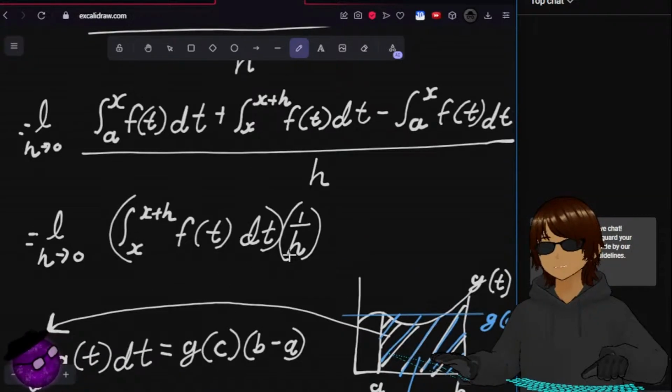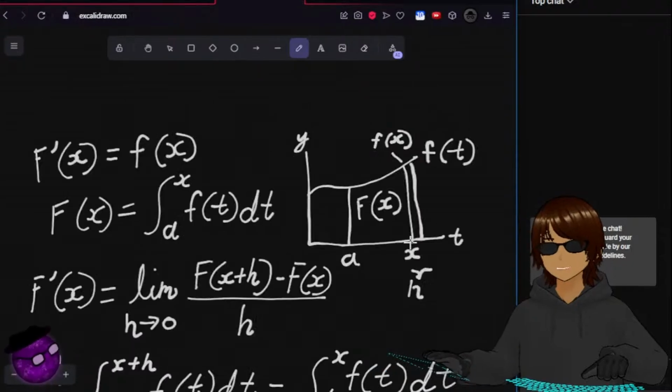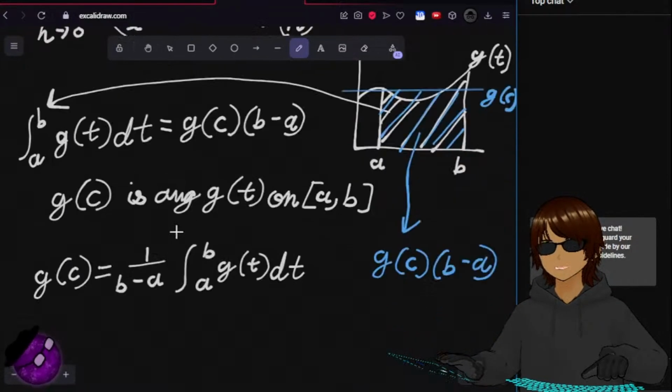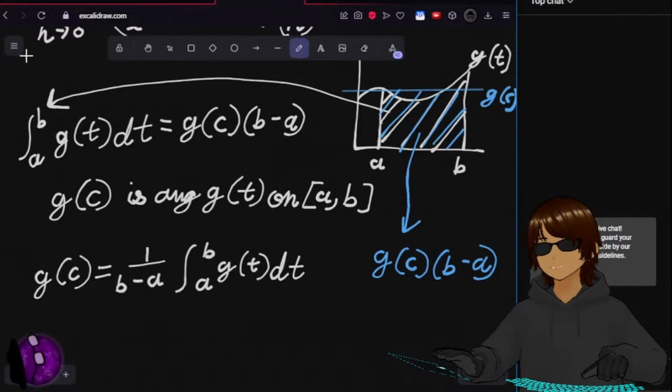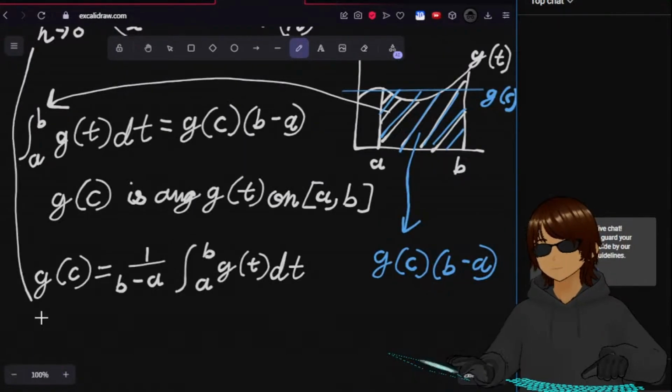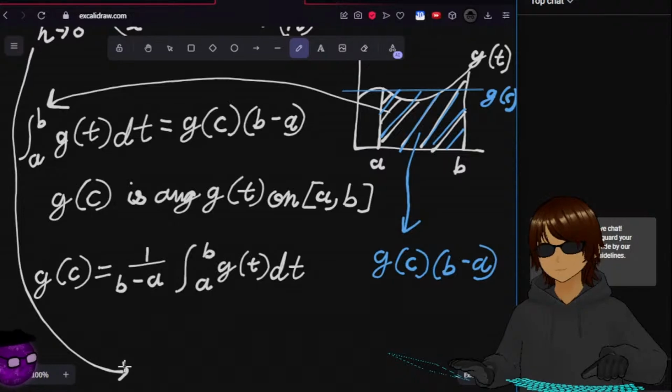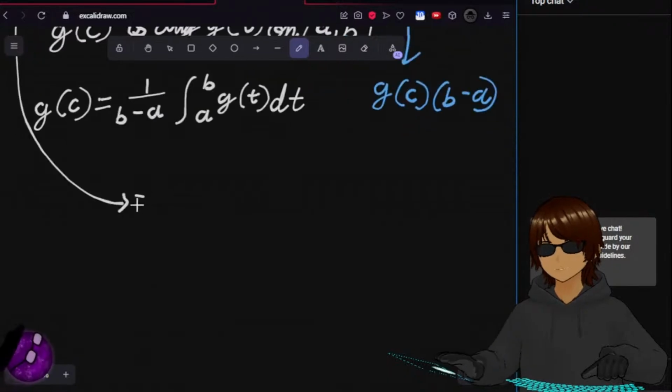So x to x plus h. So the area over here divided by h. And this will give the average f of t between x and x plus h. So this over here is equal to the limit of the average.